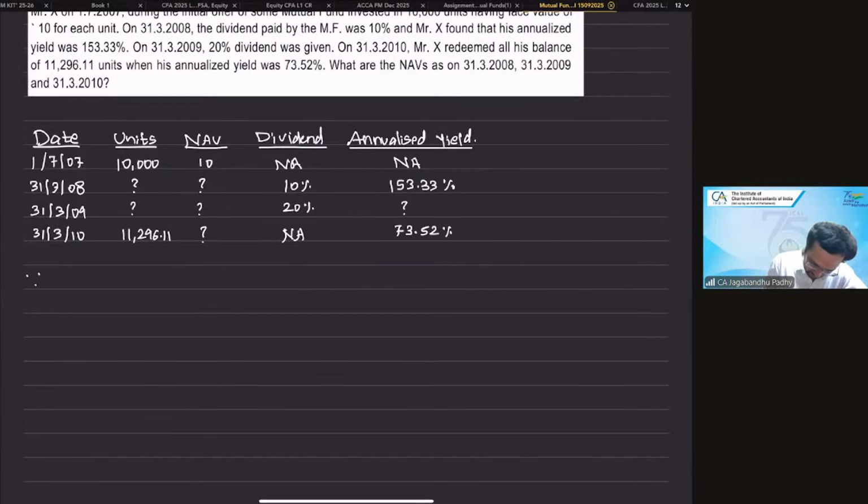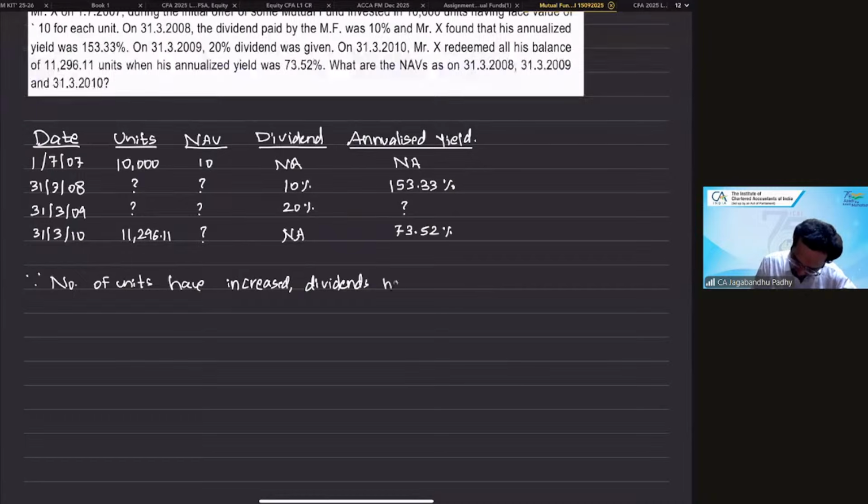Since the number of units have increased, dividends have been paid by new units.